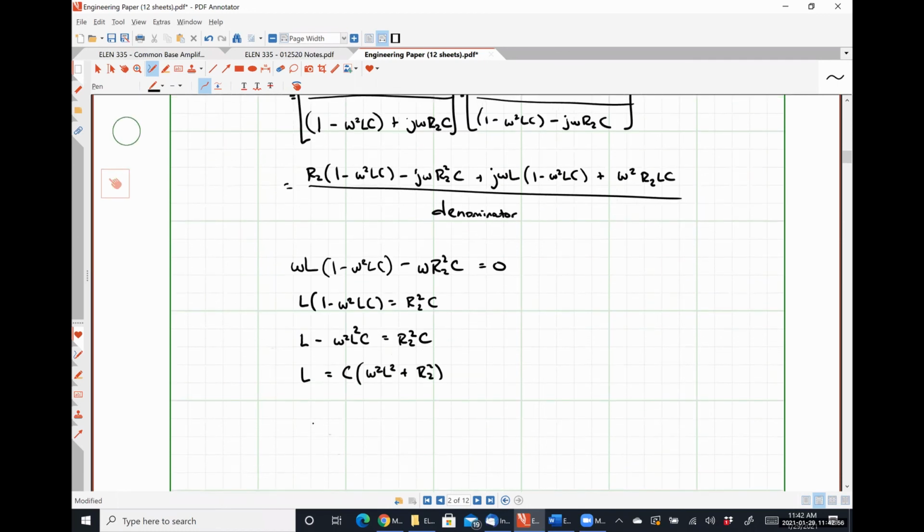And therefore, C should be L divided by (omega squared L squared plus R squared).